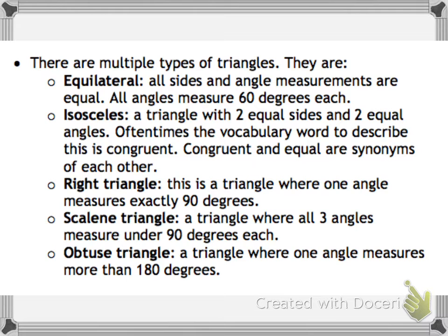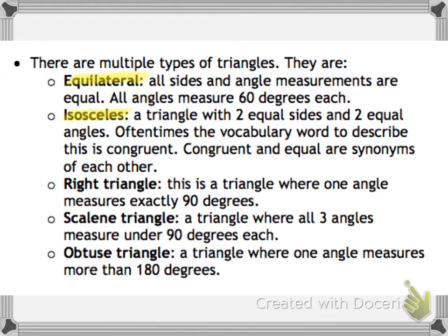Okay, now let's get into specifics of triangles. First, we have equilaterals, which is when all the side lengths measure the same length, and your triangle angle measurements are each 60 degrees, because 180 divided by 3 equals 60.